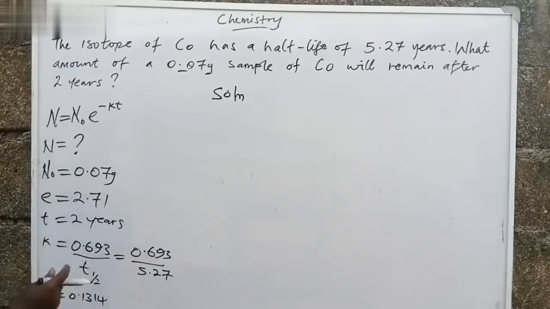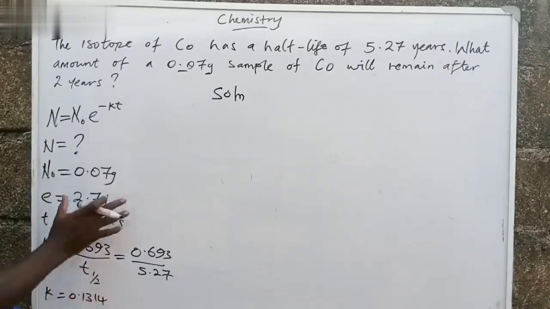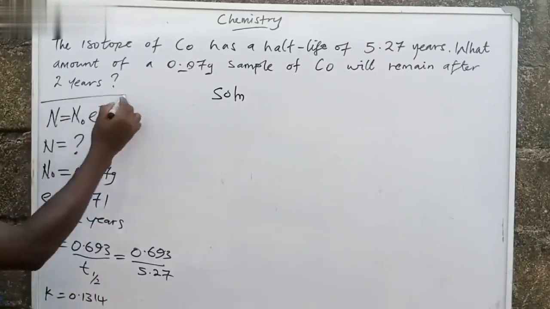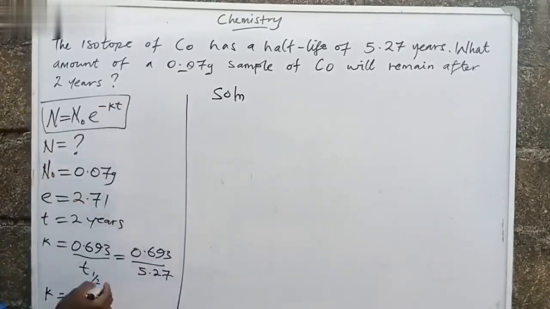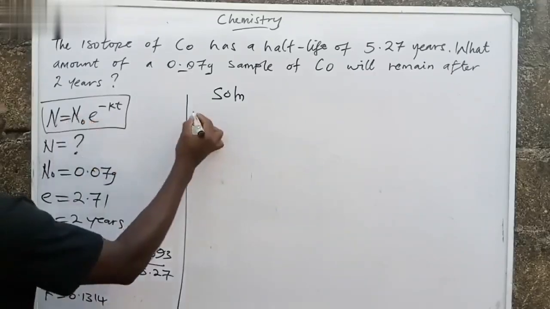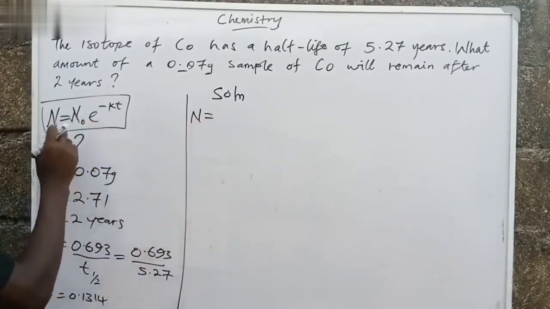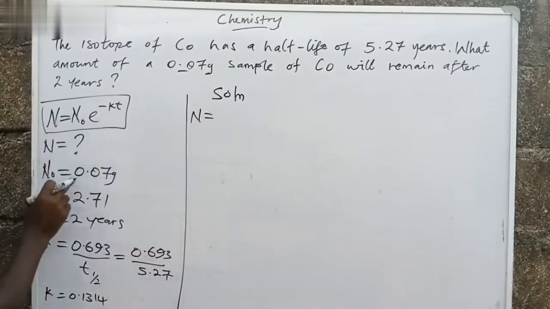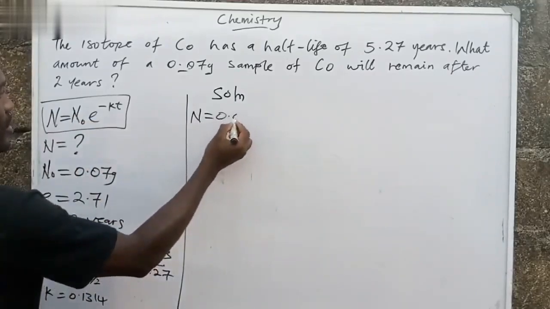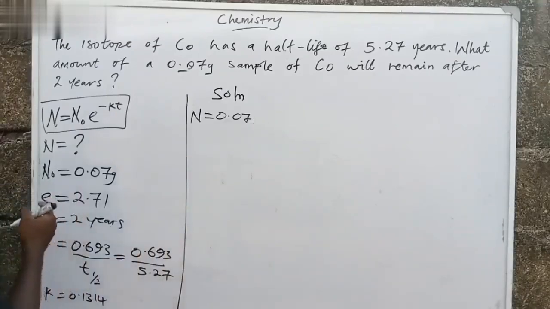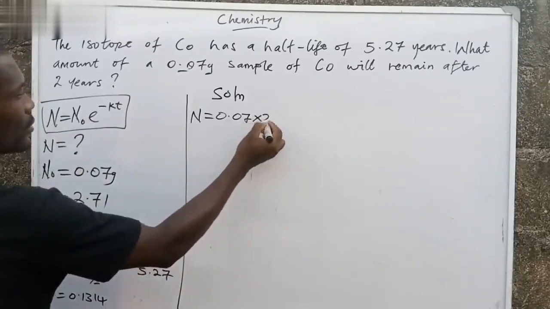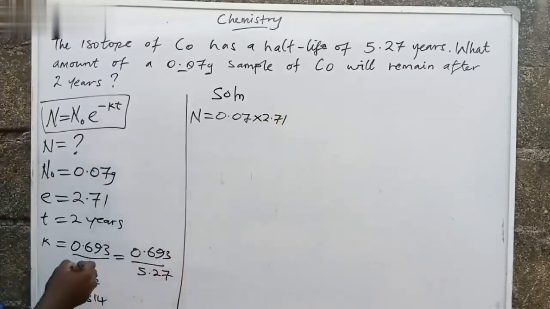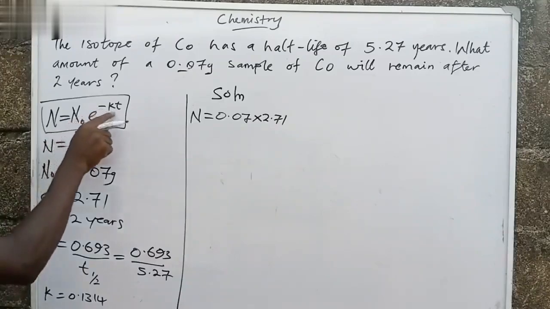Now we have to substitute these values into the formula. So we now have that N here, which is unknown, is equal to N naught. The value of N naught is 0.07, multiplied by e. The value of e is 2.71, raised to the power of minus kt.